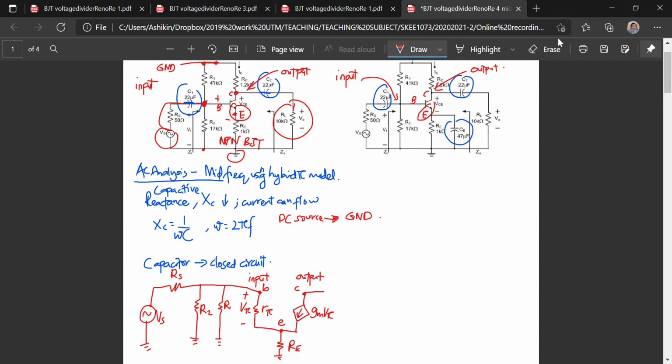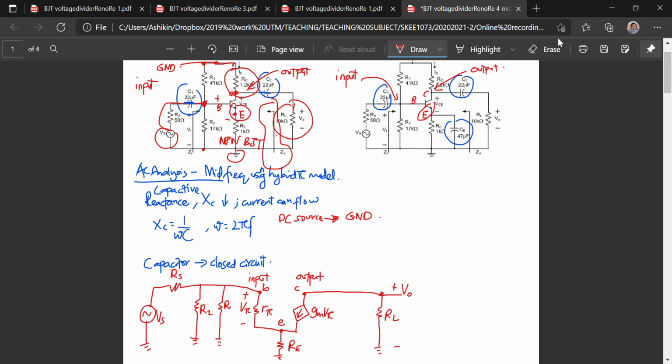So here at C, we have RL and also Vout, positive and negative. There is another resistor over here, RC, from the collector to ground. You see RC is before Zout, and the RL is at the back of the arrow.